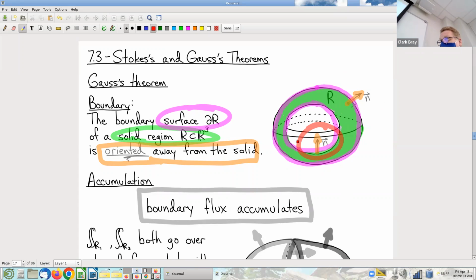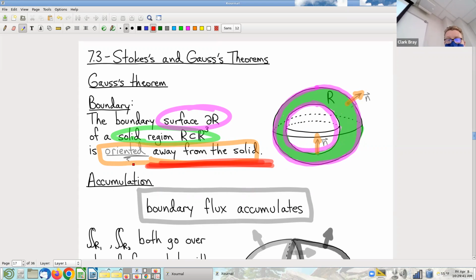It is, in that case, inward. So rather than trying to memorize a list of rules, well, in these various cases, it's inward, and in these other various cases, it's outward, it's much easier just to remember very simply away from the solid. And that's what's always accurate. Everybody good? Questions? Feel free.